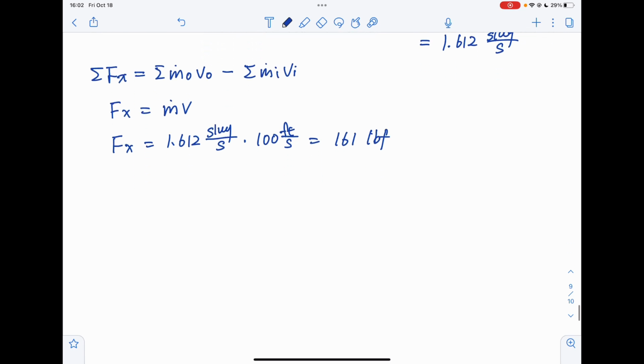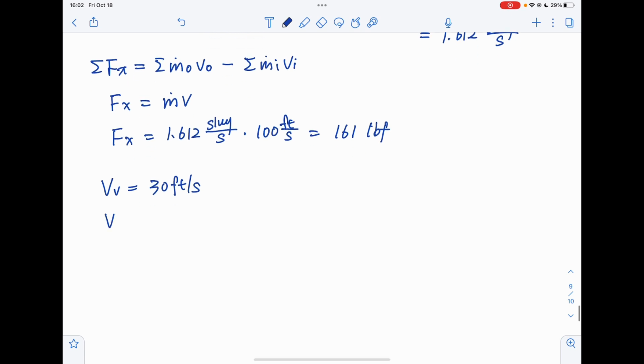And for part two, we will have a velocity moving at 30 feet per second. Therefore, I'm going to use VR here, which is 100 feet per second minus 30 feet per second, which gives you 70 feet per second. Then we use the same momentum equation.